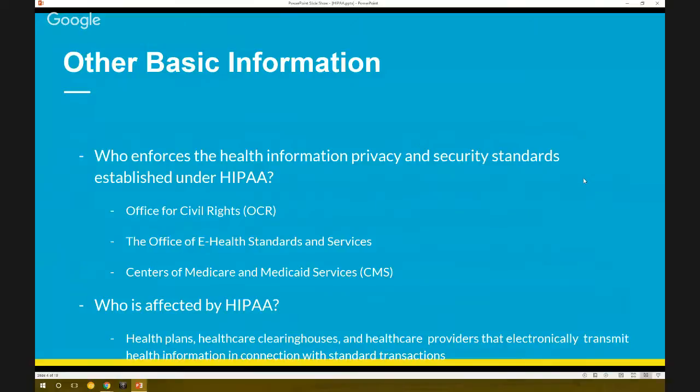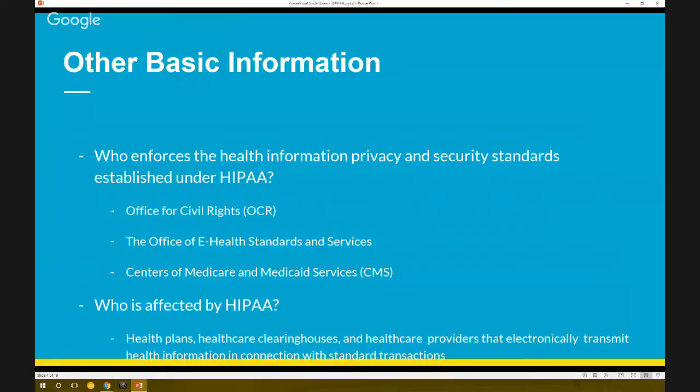Some of the other basic information about HIPAA is who enforces it. It says who enforces the health information privacy and security standards established under HIPAA. That is the Office for Civil Rights, the Office of eHealth Standards and Services, and the Centers for Medicare and Medicaid Services.